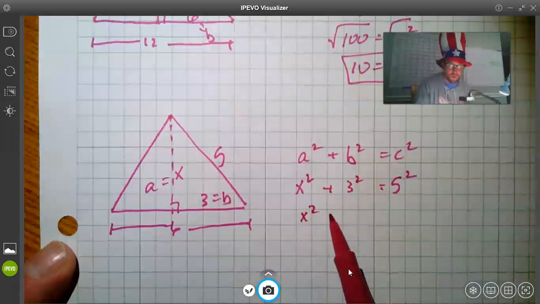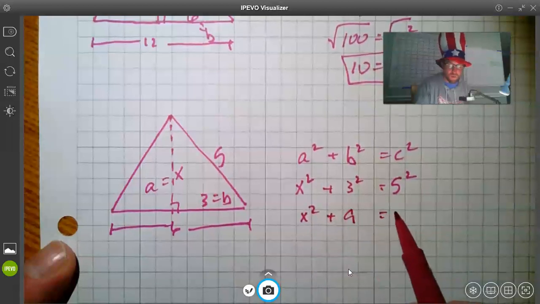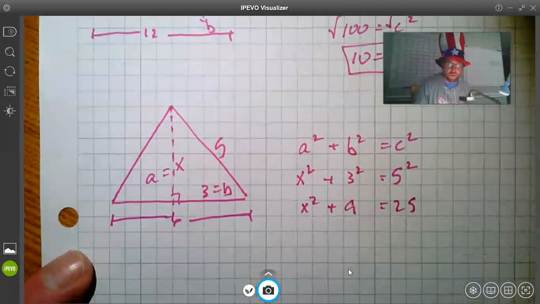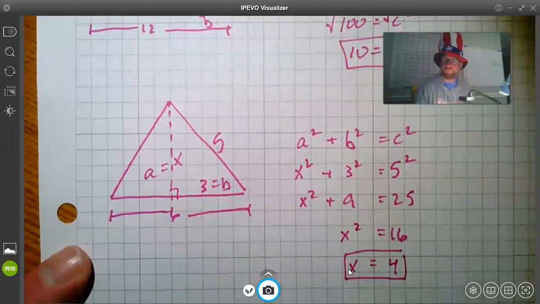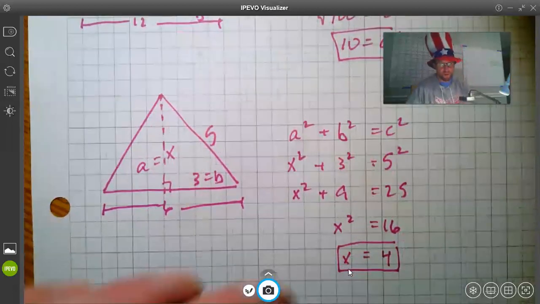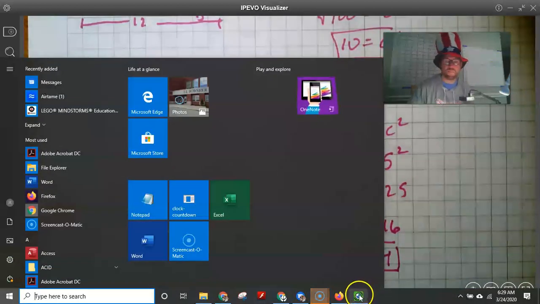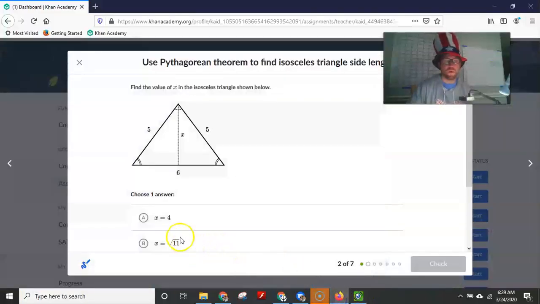So let's see, x squared plus 9 equals 25. Subtract 9 from each side. I get x squared equals 16. Take the square root on both sides, and x equals 4. All right, ta-da. Let's go back. Let's see, here we go. Oh, there's 4.